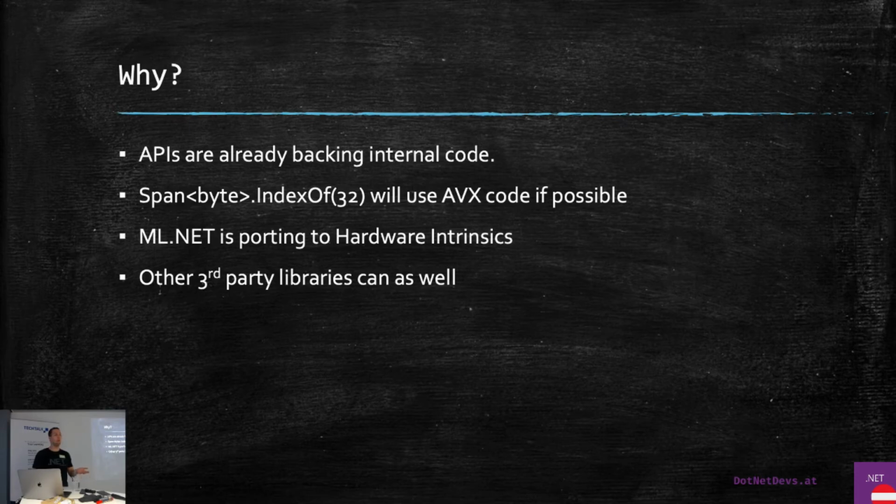So this will be very, very fast on .NET Core 3. So another reason to upgrade. This is also used by ASP.NET to tokenize requests. So if you have a span of char, you can also use IndexOfAny to find new lines or semicolons.